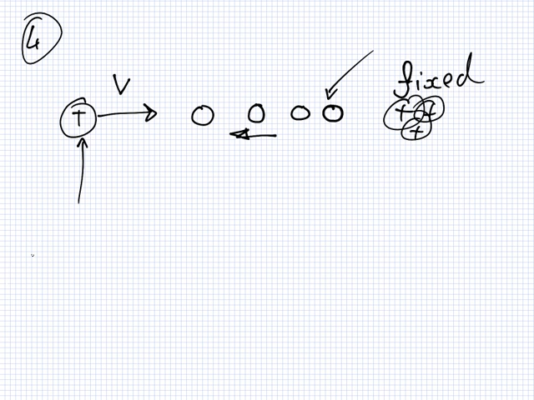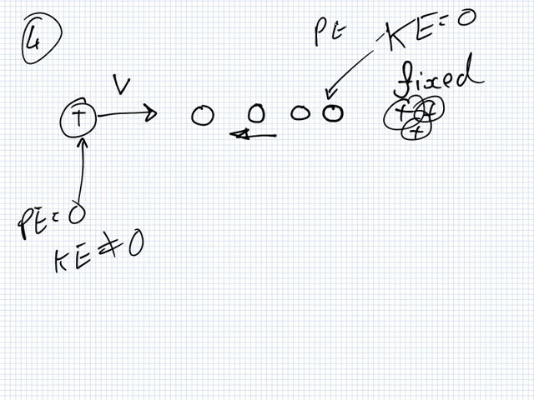No, you have it backwards. Here the kinetic energy is zero because it's not moving, and here the potential energy is zero because it's free. So that means the kinetic energy here is not zero, and the potential energy here is not zero. So the kinetic on the left equals the potential on the right.